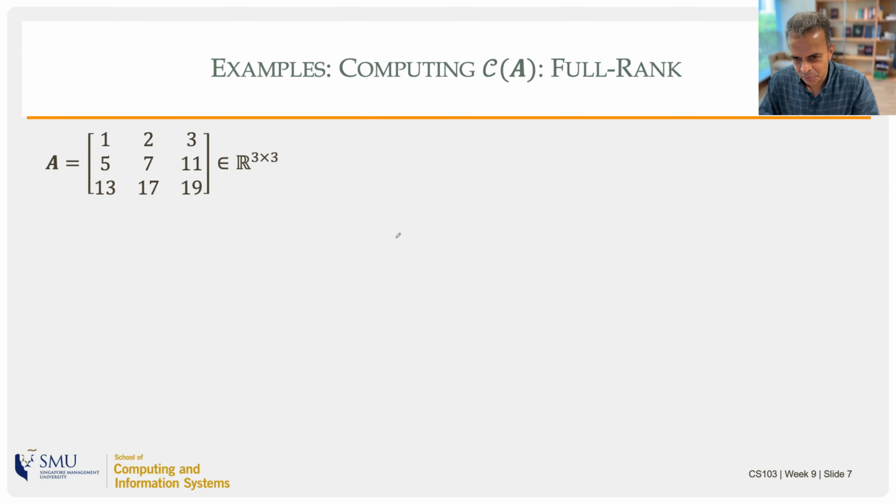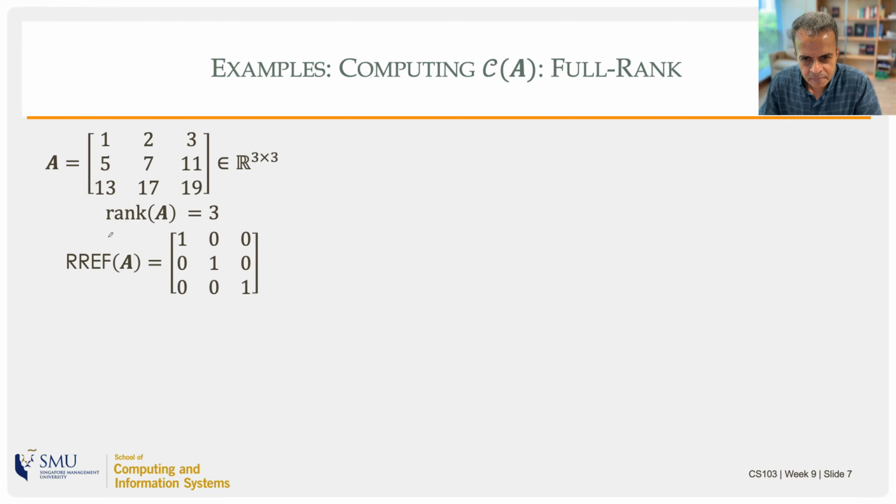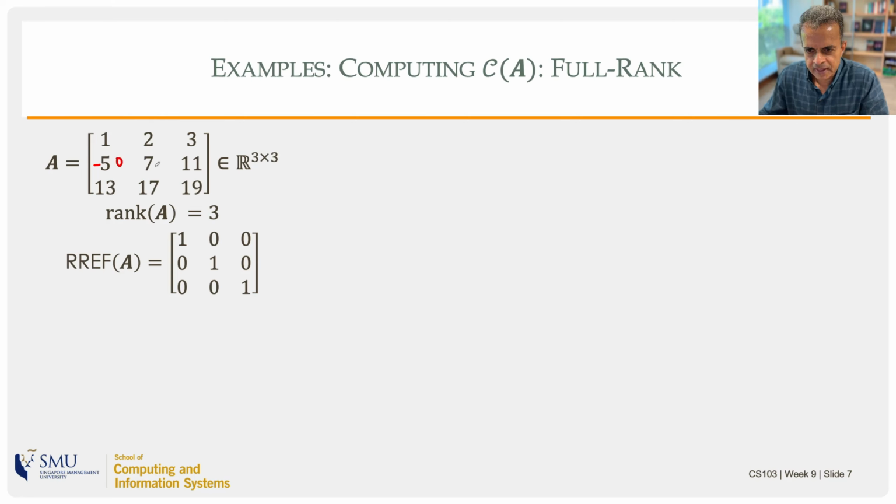So the RREF will turn out to be the identity matrix. If you don't believe me, just go ahead and do this. I won't do this in front of you, but let me just tell you what's going to happen. You have 5 here. You want to get rid of 5, so you'll take 5 times the first row and subtract from the second row. You'll get a 0 here, and then some number here. Then you multiply the first row by 13 and subtract from the third row, you get 0. And then whatever number you have here, multiply that by 17 and divide by that number.